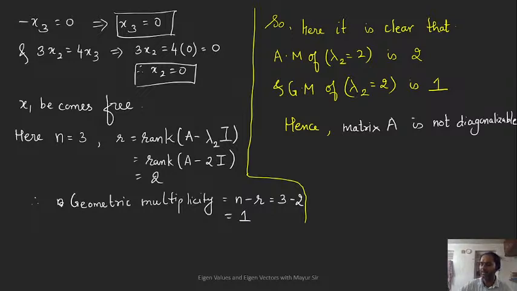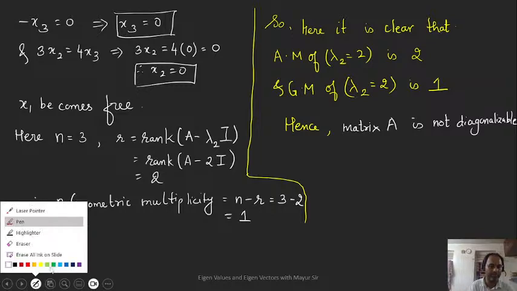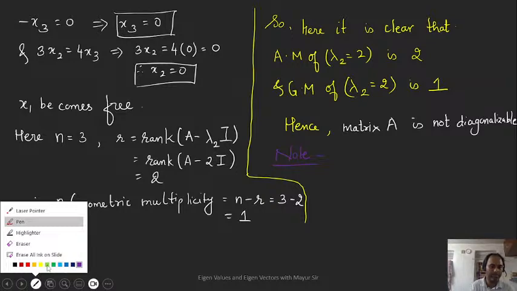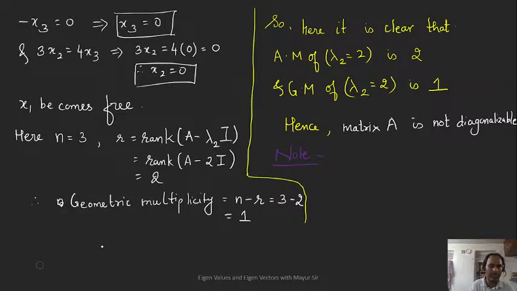So now let us see how to go further. This kind of matrix is not diagonalizable, so the conclusion is that the matrix is not diagonalizable. Here again, one very important note I want to give you, in yellow.